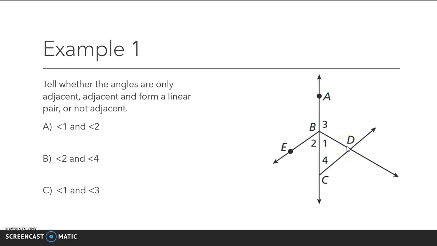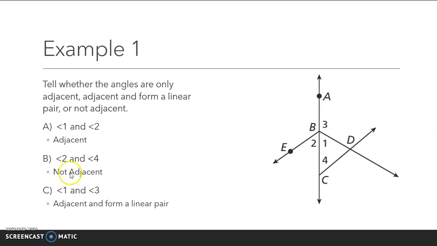So they meet the criteria for adjacent angles because they share the vertex, B, they share a side here, they don't overlap, and they don't make a straight line with their other sides. So you're going to try parts B and C, and then press play to check your answers.